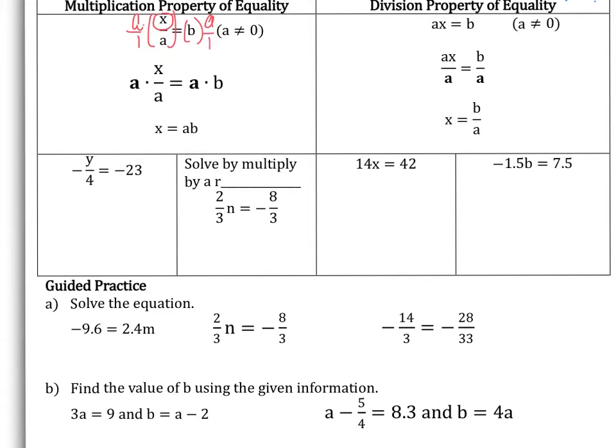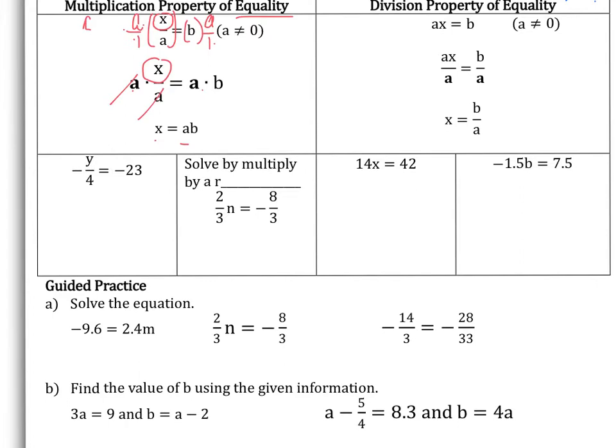And by doing so, we're applying the multiplication property of equality. Meaning, multiplying both sides of the equation by the same variable will still remain equal. So we cancel out the A, and then the variable X is isolated. X would equal A times B.